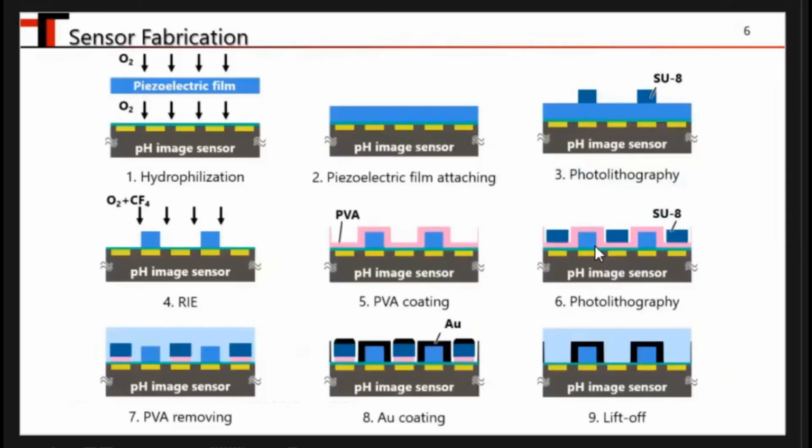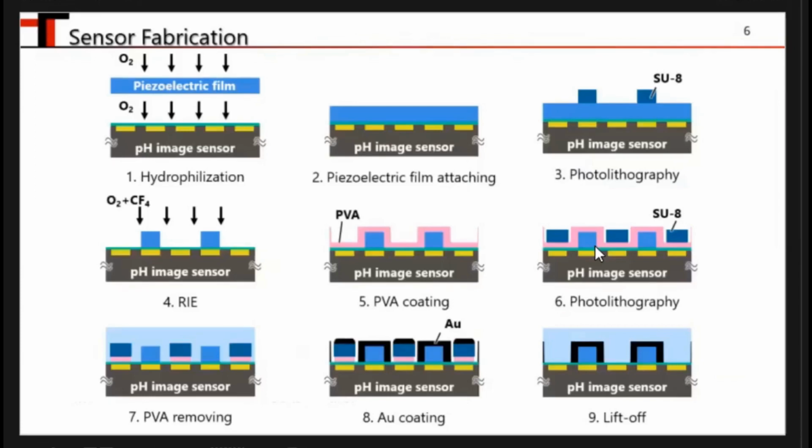Here I explain how to fabricate the sensor. First, hydrolyze the piezoelectric film and pH image sensor and attach the piezoelectric film to the pH image sensor using pure water.